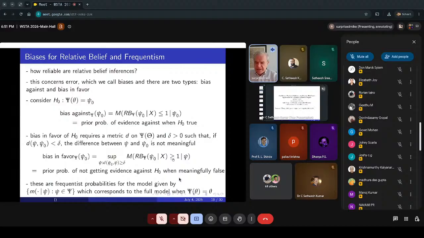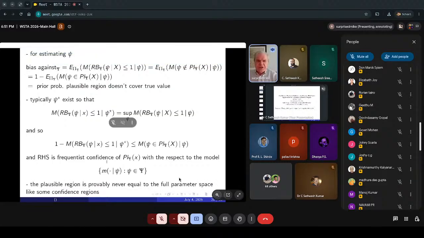If this probability is big, if I get evidence in favor of the hypothesis that psi naught is true, well, that's not meaningful, because even if it's meaningfully false, very likely I'm going to get evidence in favor. So I want both these biases to be small. And that's for a hypothesis assessment. For estimation, you just take the average over psi of those two errors.